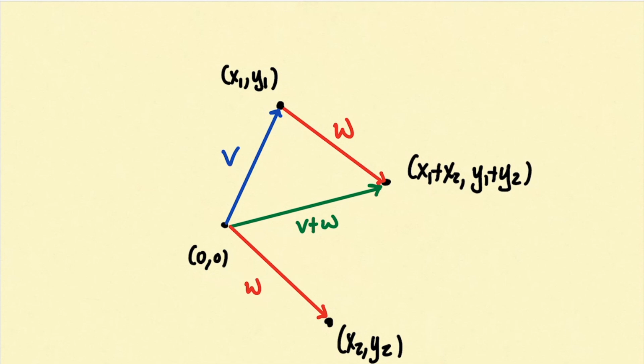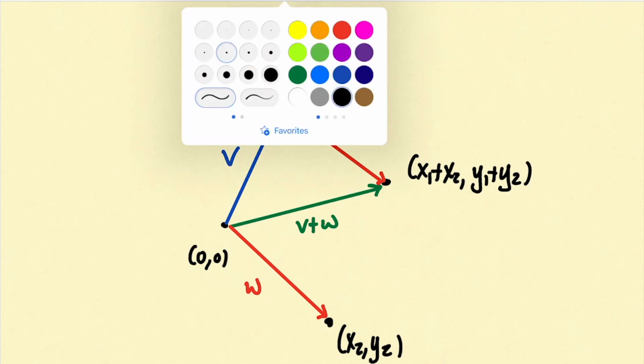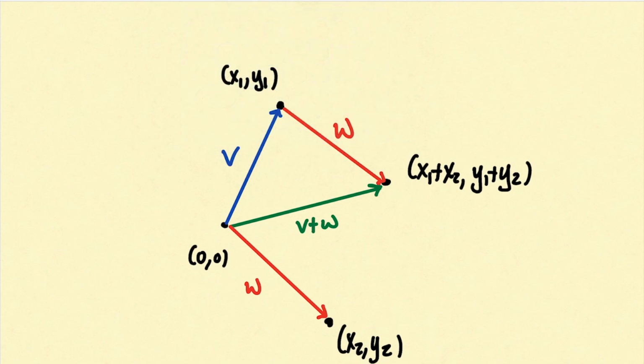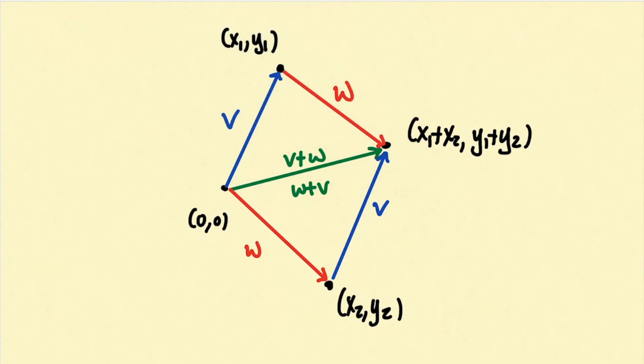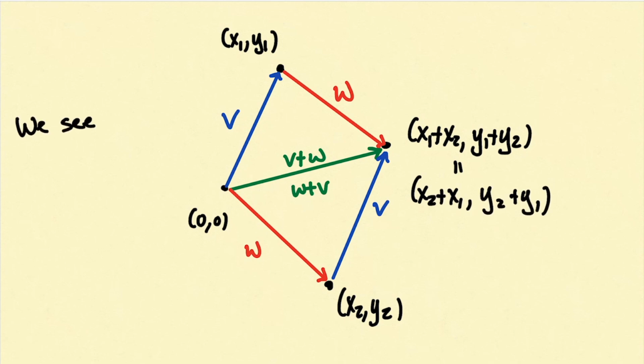Next, we move x1 steps horizontally, then y1 steps vertically. This gives us an arrow v that points from our previous position at (x2, y2) to our new position at (x2 plus x1, y2 plus y1). Now we note that because addition commutes, these two ending points are exactly the same point. So as a result, we can see that adding vectors is a commutative operation in the sense that v plus w is equal to w plus v.